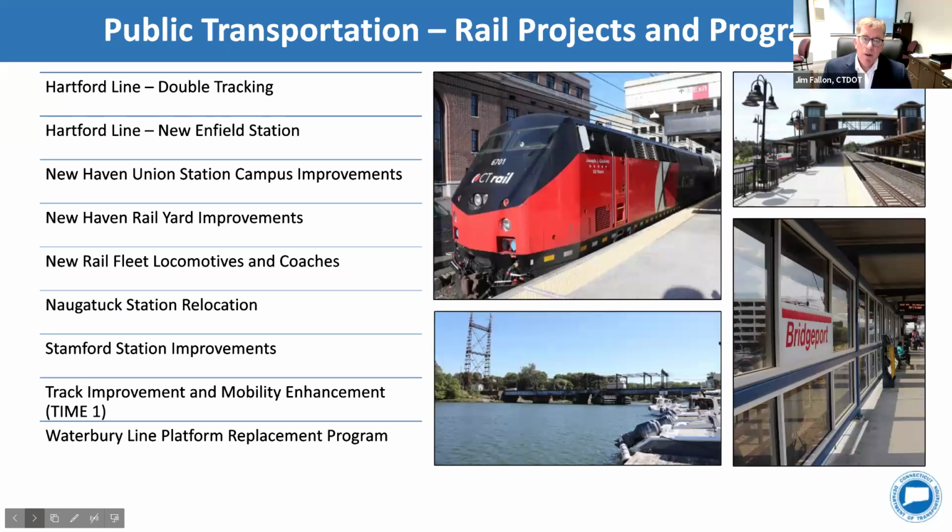Hitting a little bit on public transportation in addition to the highway and bridge. So I talked about a number of improvements that are going to be supported through the federal-state partnership and the NEC discretionary funds that we received. But there's a number of proposed improvements: continuing the double tracking north of Hartford, a new Enfield station, a series of improvements along the Waterbury line with stations and things of that nature.